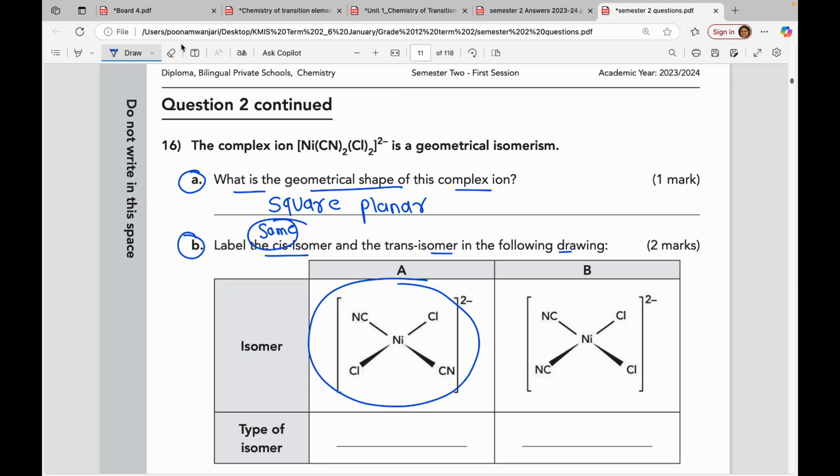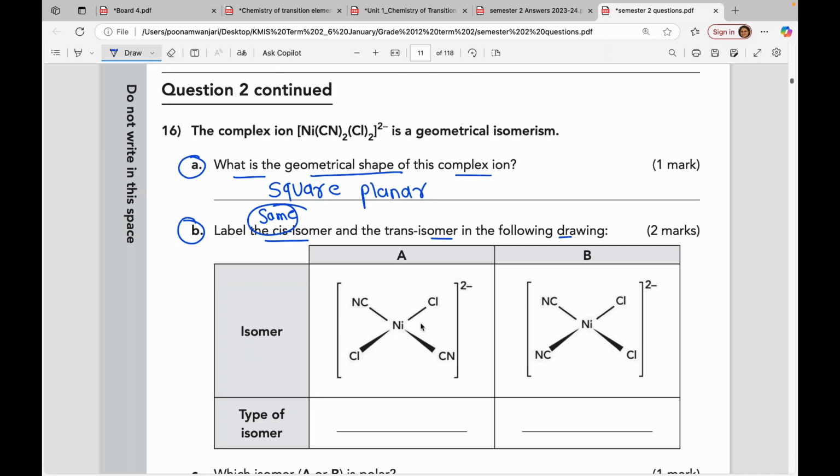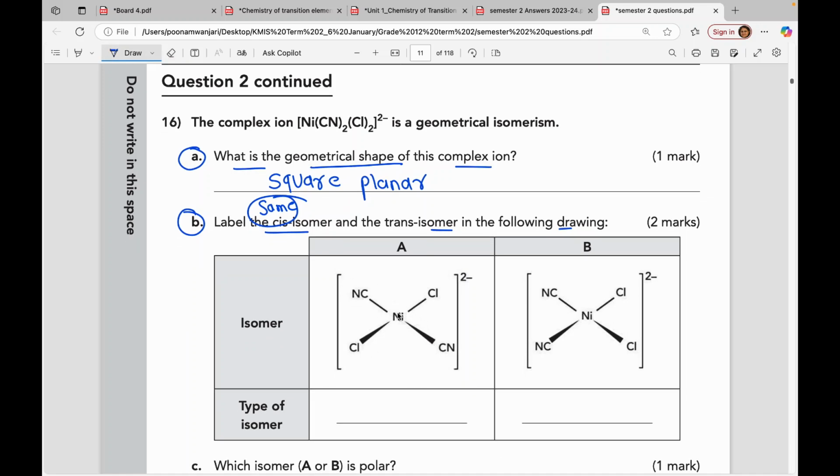If we check both given structures, we can find that cyanide ions are opposite to each other and here chloride ions are opposite to each other. But at the same time, when we observe structure B, the chloride ions and cyanide ions are both opposite to each other but they are along the same side.